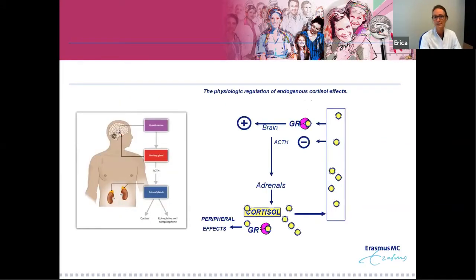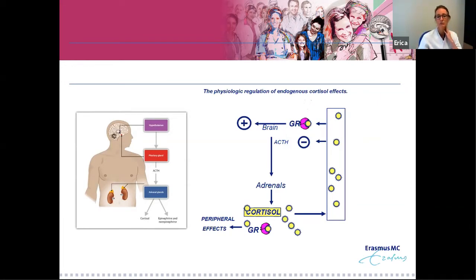How does this work? Well, this system is under the regulation of a feedback system. So the pituitary gland produces ACTH, and that stimulates the adrenal glands to produce cortisol. That's the endogenous glucocorticoid of the human body.